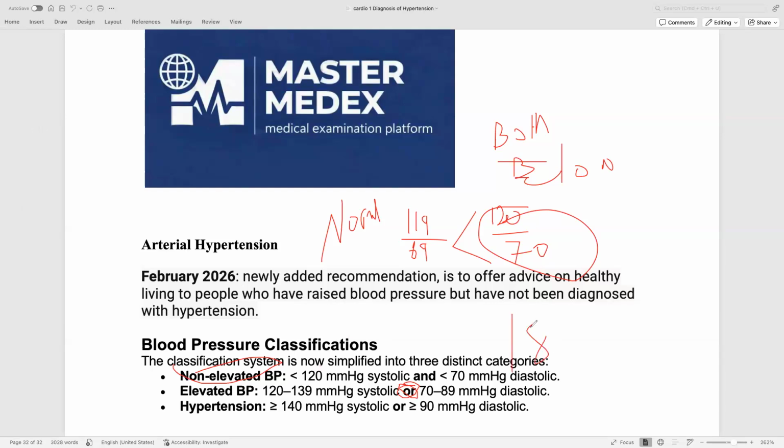We can say 24.9. That is a healthy body mass index.